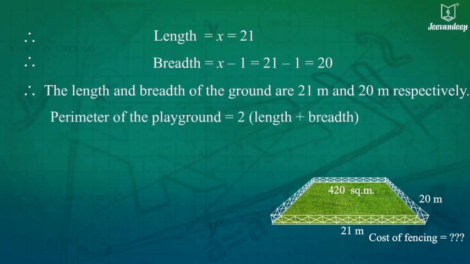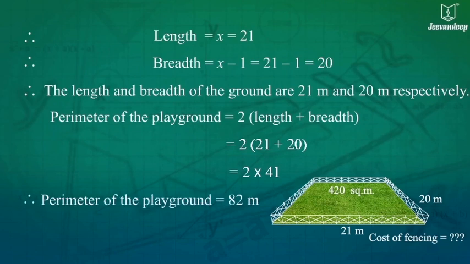Perimeter of the playground equals to 2 into (length plus breadth) equals to 2 into (21 plus 20) equals to 2 into 41. Therefore, perimeter of the playground equals to 82 meters.